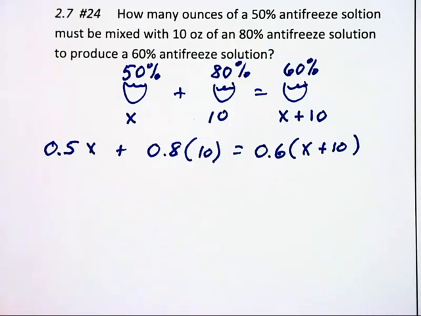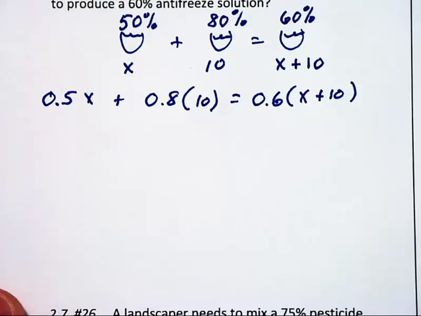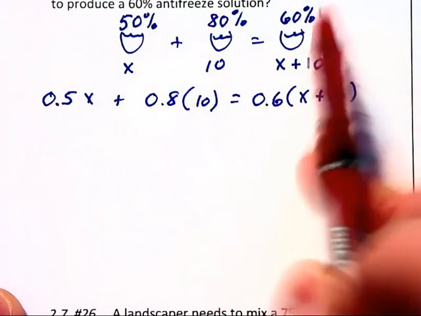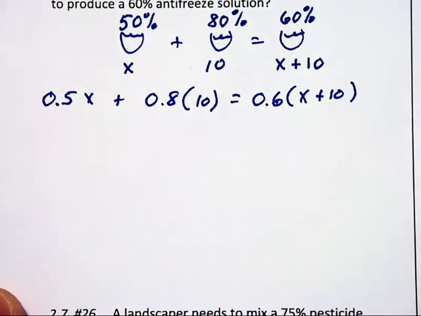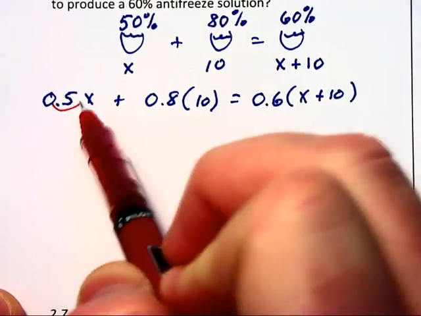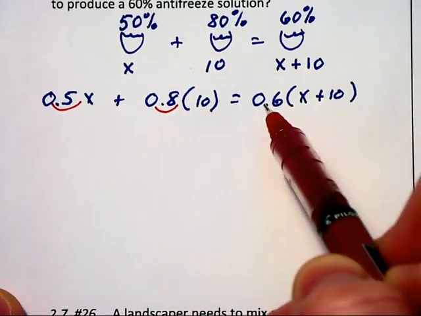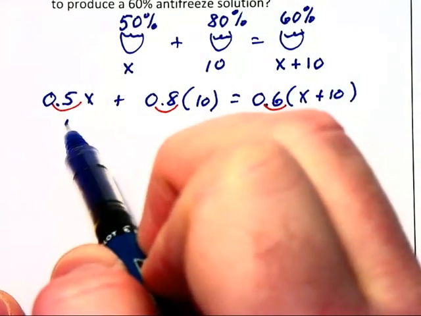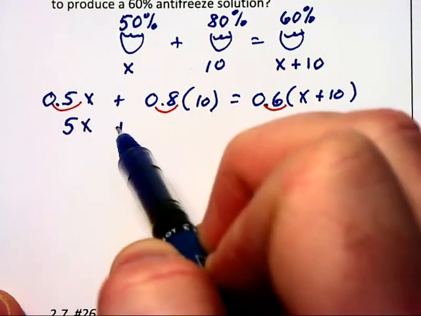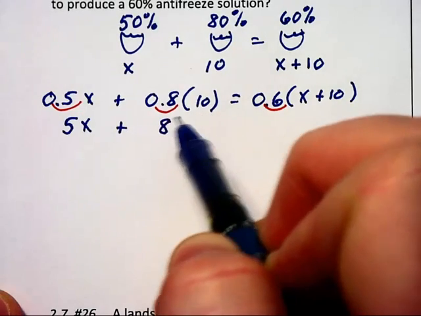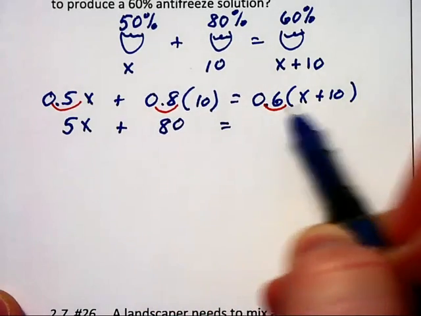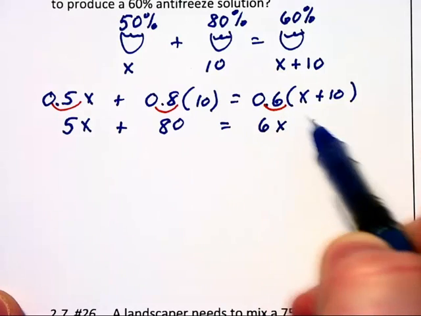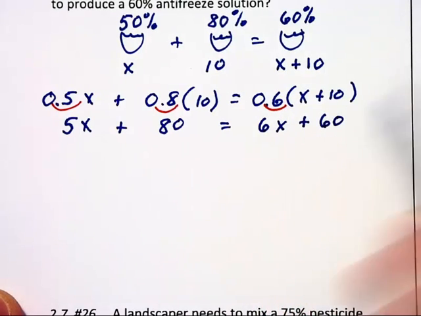Now I don't usually write those as decimals out in front because I notice that each of them are percentages, and therefore each of them are going to have the decimal moved. So this is like having 5x, 8, 5, 8, and 6 out in front. So I've got 5x plus 8 times 10, that's 80, equals 6 times x plus 6 times 10, which is 60.